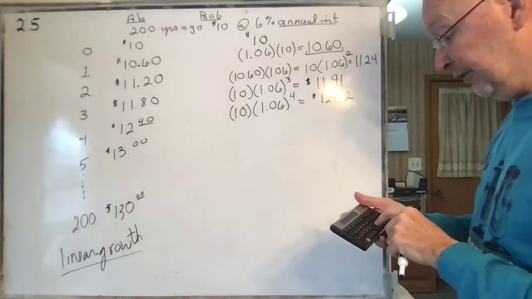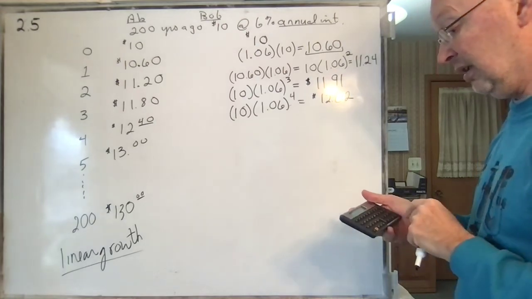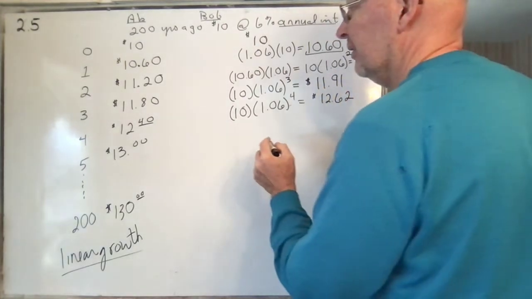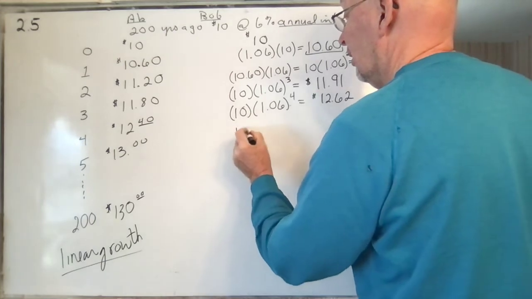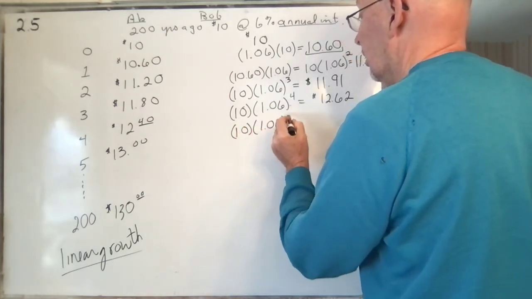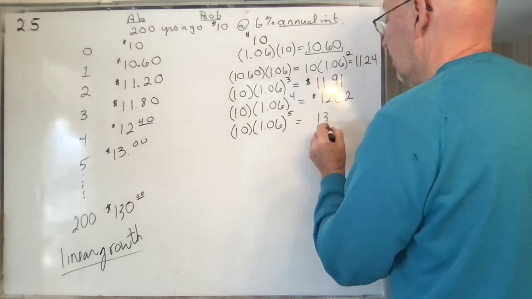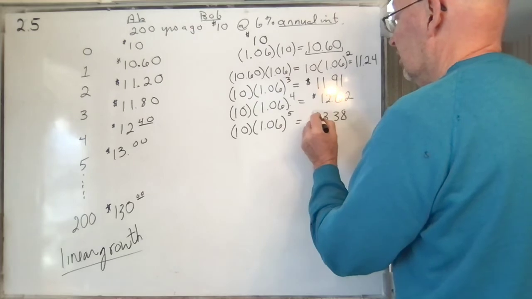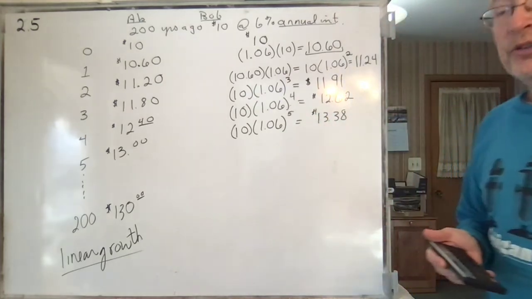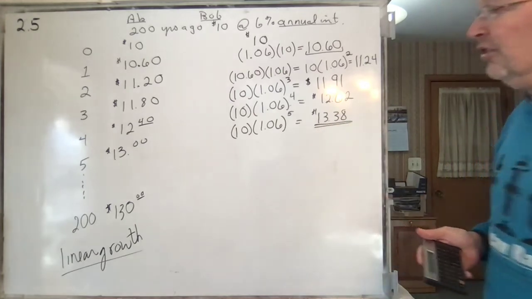And at the end of the fifth year, $13.38. Okay, so at the end of the fifth year, you got an extra 38 cents just from leaving it in the bank.